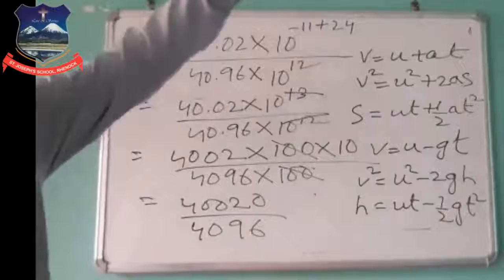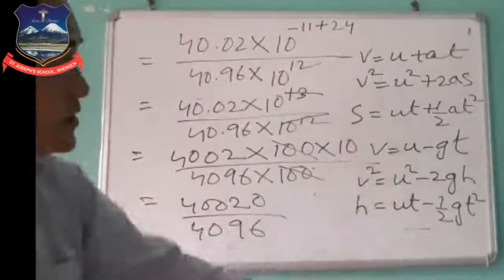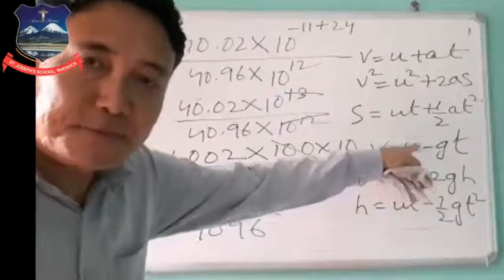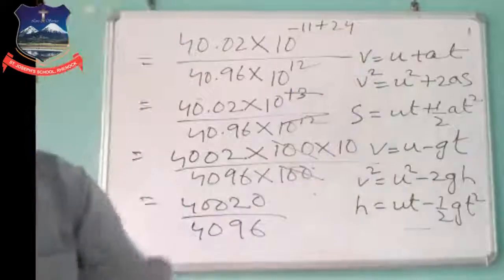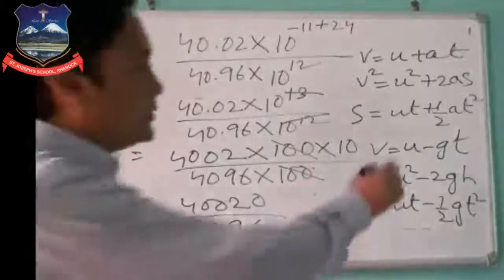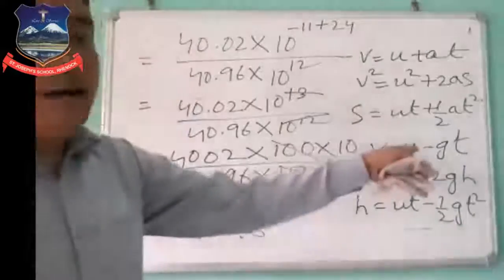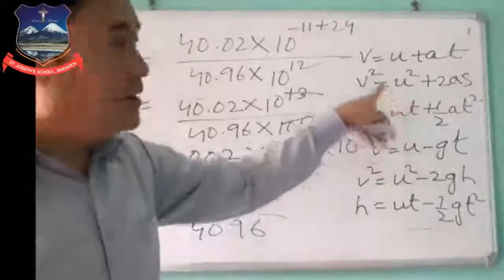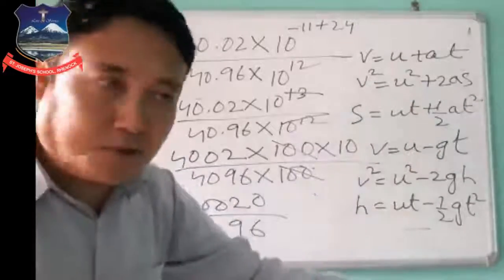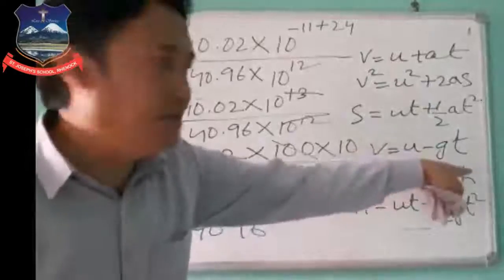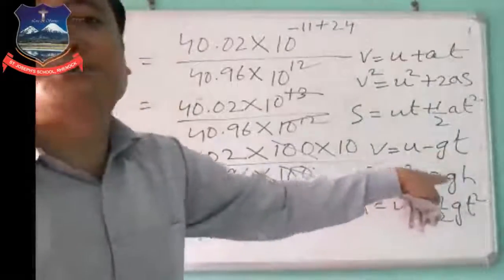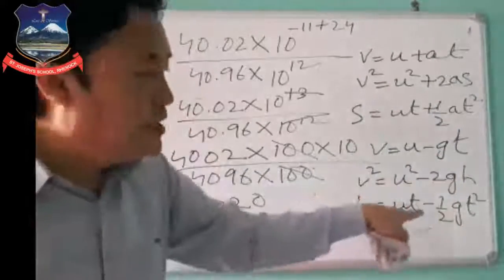But when a body is thrown vertically downwards, then the relation will become positive again, because acceleration is produced, you know that. In that case this formula will become positive. That means v equals u plus gt, v square equals u square plus 2gh, then h equals ut plus half gt square.